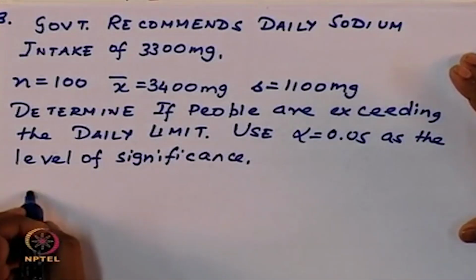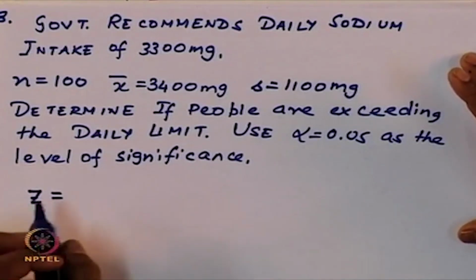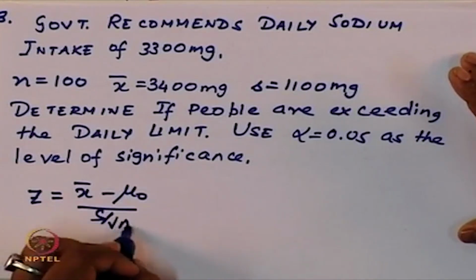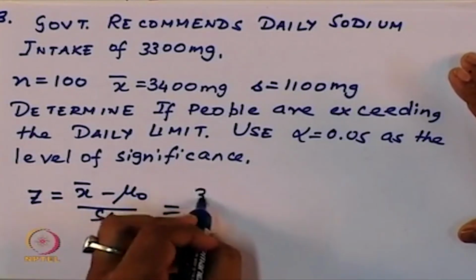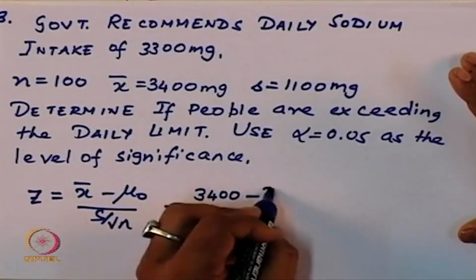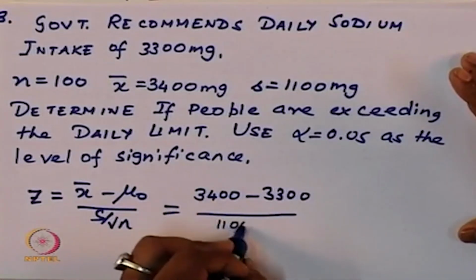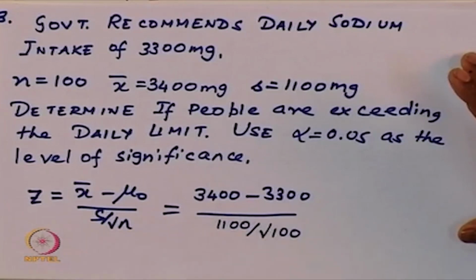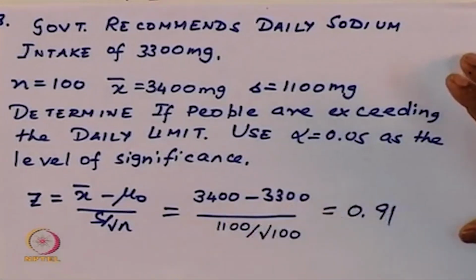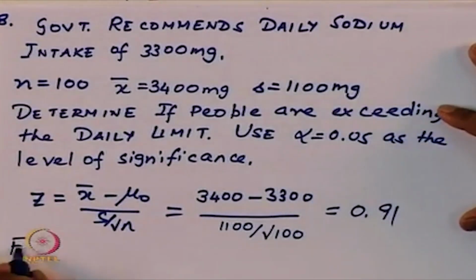As before, we have to calculate the test statistic, which is given by x bar minus mu naught divided by s by root n. X bar is 3400 milligrams, mu naught is 3300 milligrams, and s is 1100 divided by root of 100. So, you get a value of 0.91.